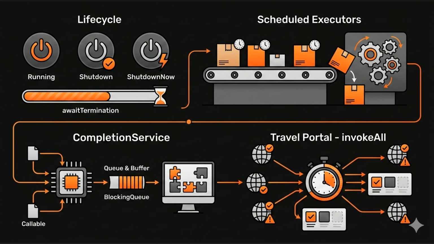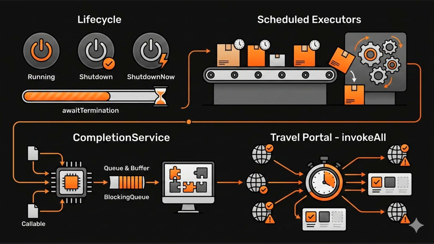We then spent time with scheduled executors and peeked under the hood at the DelayQueue, the hidden gem for building time based systems. And finally, we transformed a slow, clunky invoice processor into a responsive powerhouse by moving from Runnable to Callable and then unlocking true parallelism with the completion service.